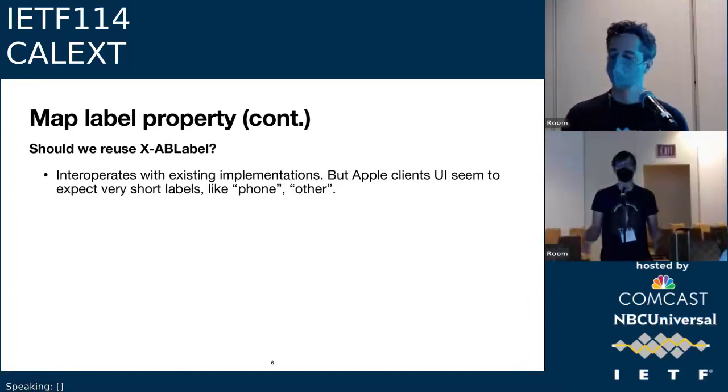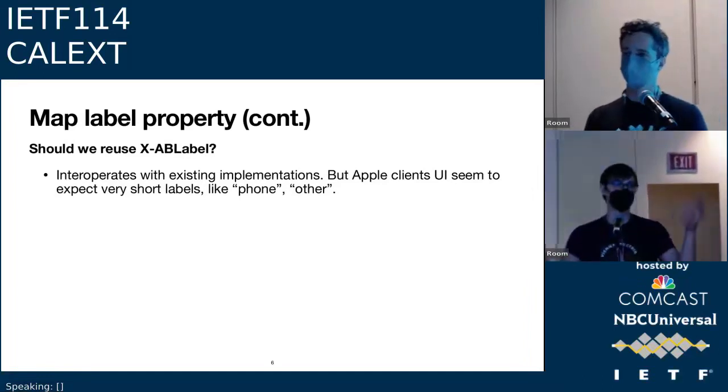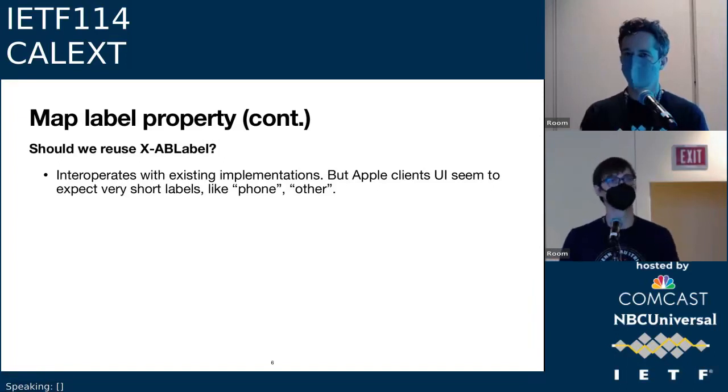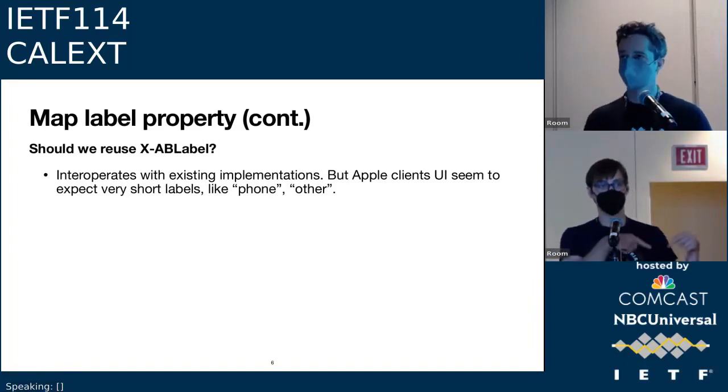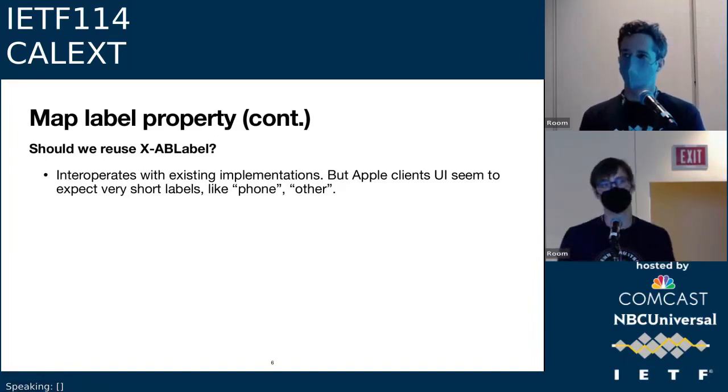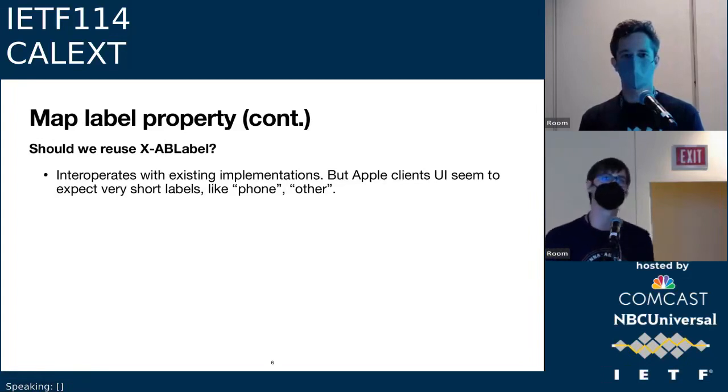And if we cannot map the full label property of JS contact back to the Apple XAB property, I would also say it's fine, in my opinion. From the old to the new, there should be a good way to map, but from new to old, it's not necessarily, in my opinion.